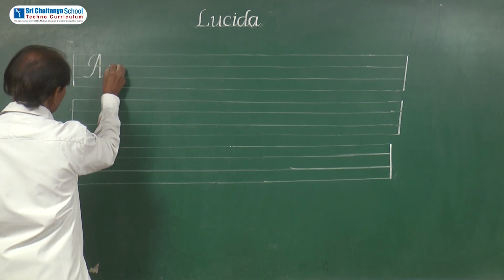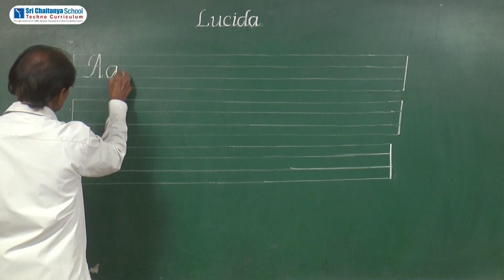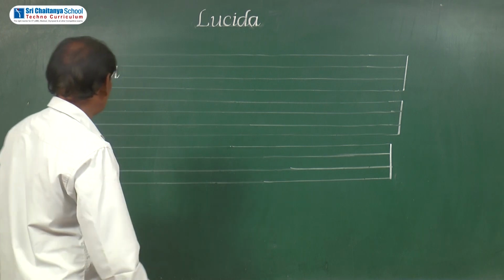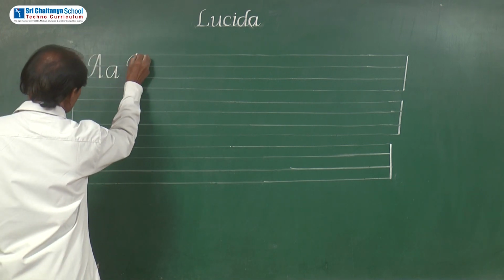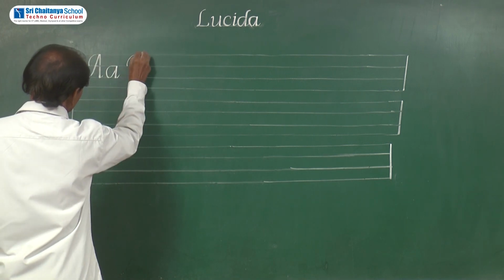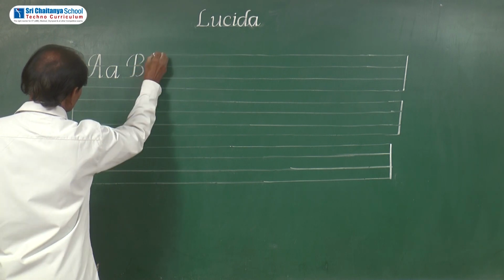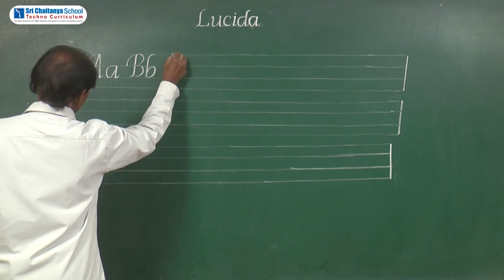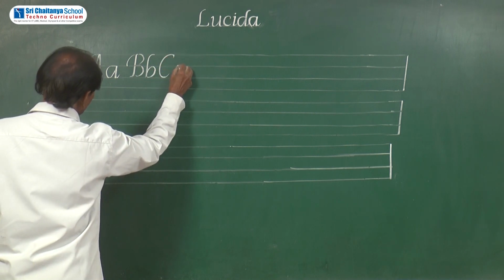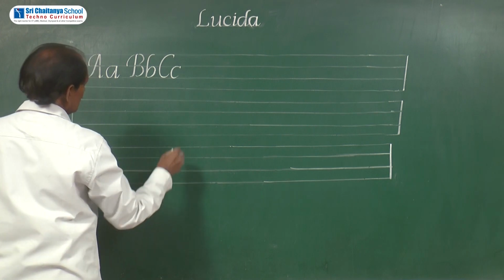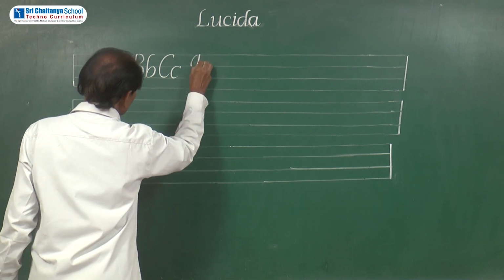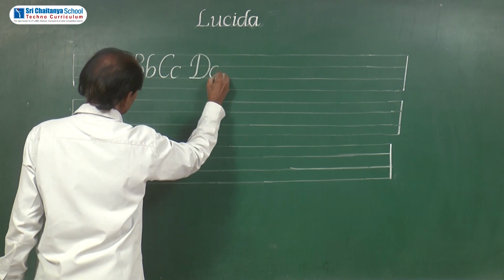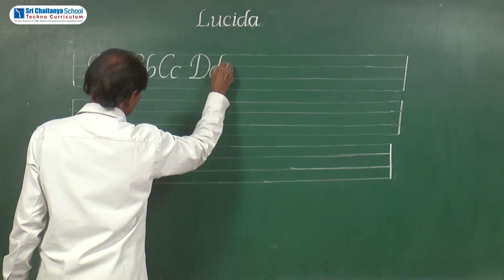Capital A, small a. Okay? Capital B, small b. Capital C and small c. Capital D and small d.